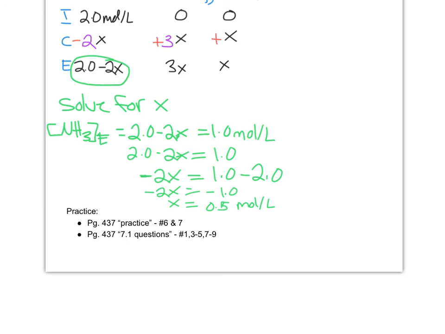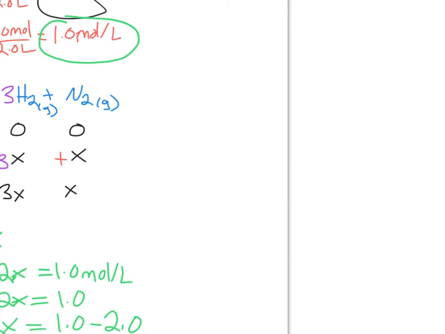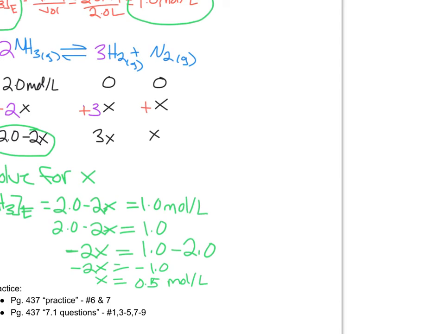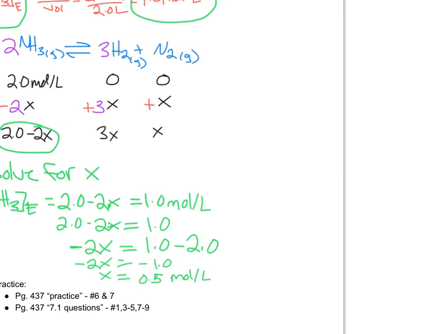So now we're going to take that number and sub it back in for our concentrations for nitrogen gas and hydrogen gas. And I'm going to do that just up here on your page, but you probably haven't written as big as me, so you probably have space to do it below. So for our concentration of hydrogen gas, we know that at equilibrium, the concentration of hydrogen gas equals 3x.